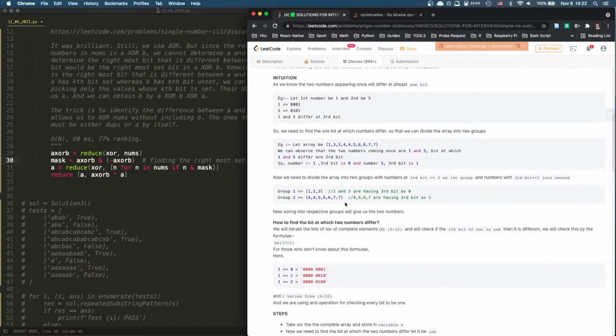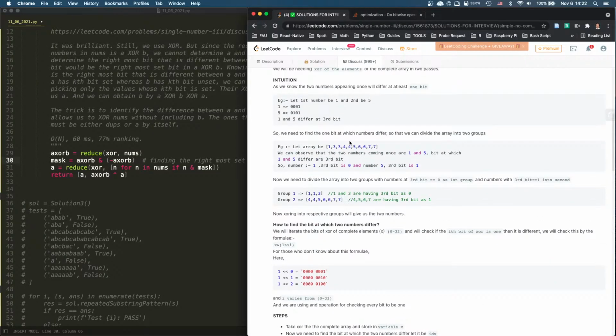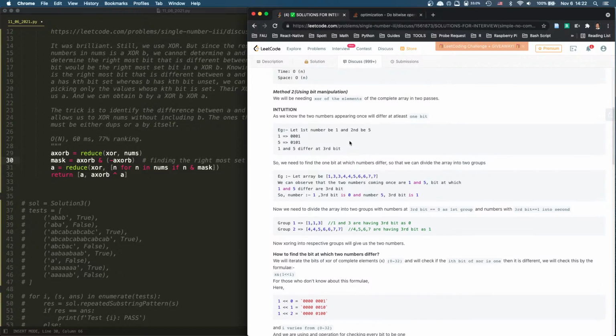Oh, what is this method? One bit at which the numbers differ. It's the same idea, but this one uses exclusive OR to do it. But we can definitely do it.